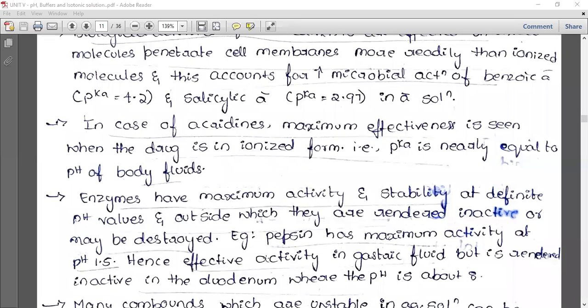If it is given intravenously, I'll tell you what happens. It is given underneath the skin, not to the veins. In general, it is not intravenous. Whatever insulin people take, it is by the subcutaneous route, underneath the skin. Why? Because if it is taken by the intravenous route, it directly enters the blood, right?